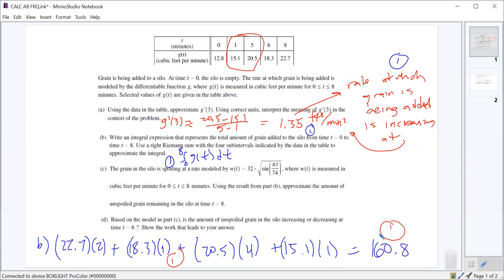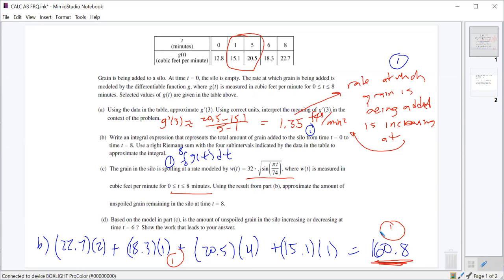All right. Here's the part where we talk about how horrible this grain silo is. The grain in the silo is spoiling at this rate. So within our first 8 minutes, some of this grain is going to have spoiled. We want to know how much unspoiled grain is remaining at t equals 8. Well, that ought to be how much there was at t equals 8 and how much was there at t equals 0.